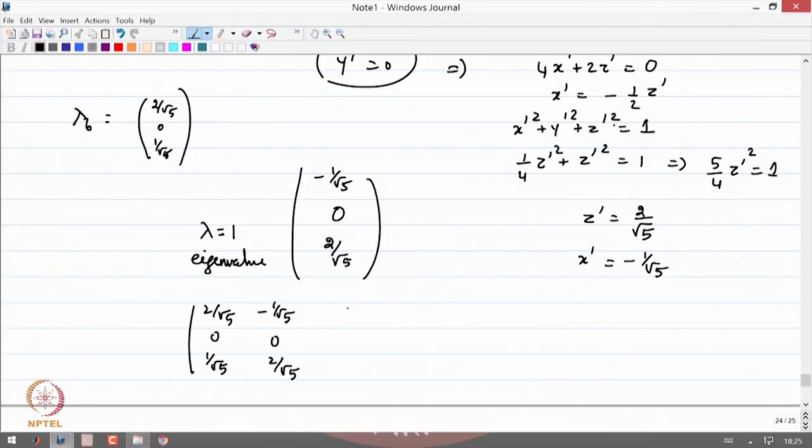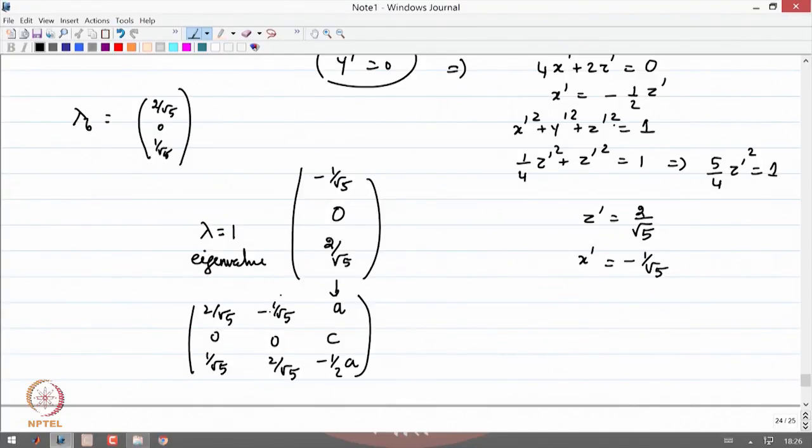So if you write this as a, this will be minus 1 by 2a, and this will be some constant c. This has to be an orthogonal matrix. Now please remember, this column is orthogonal to this column as well as this column. Now if c is arbitrary, you will see that a into 2 by root 5 and then minus a into 1 by root 5 will not give you orthogonality, it will not be 0.